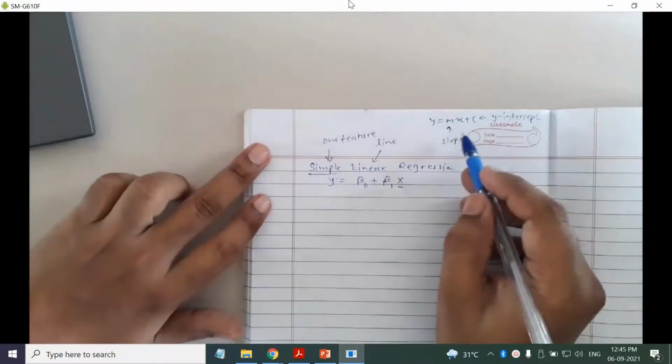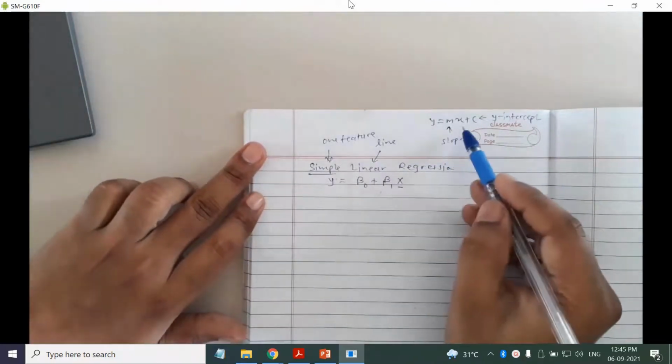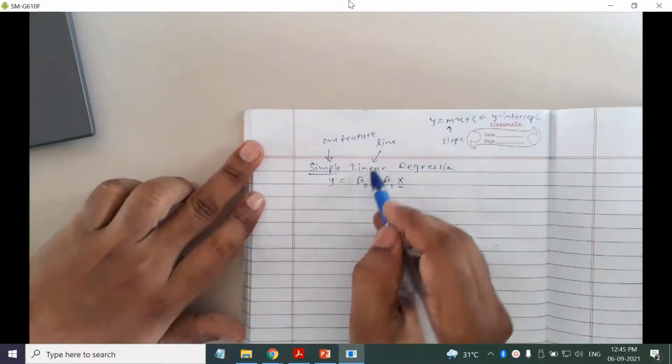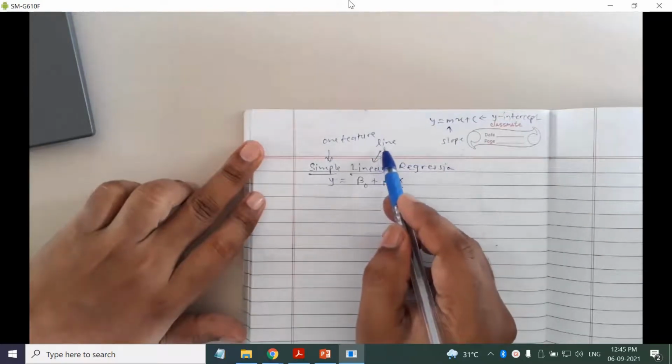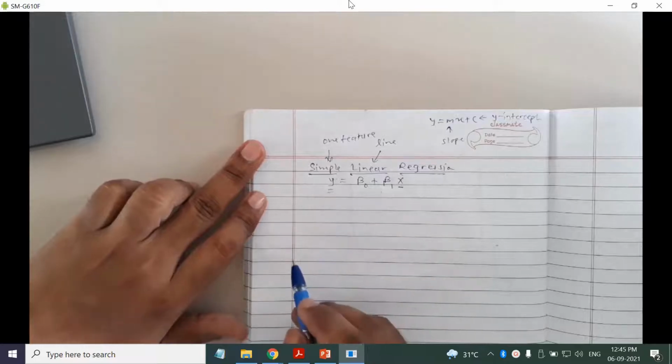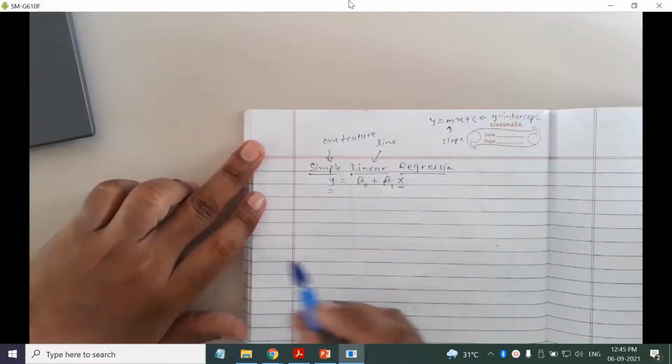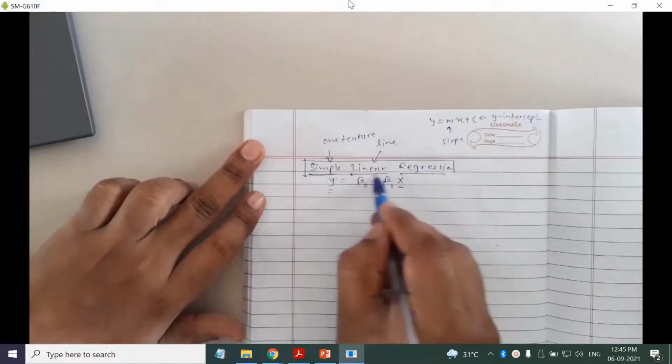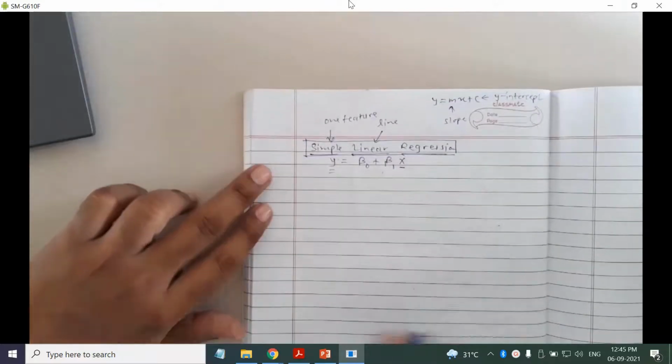We have studied this in 12th standard. Linear means we will have a linear model, and regression, so y will be a continuous value. So in today's lecture we will be focusing on simple linear regression.